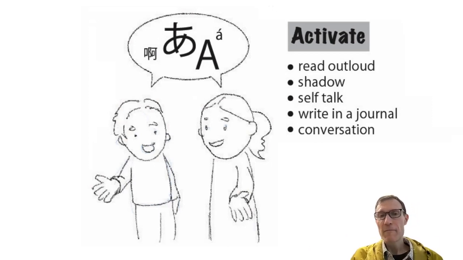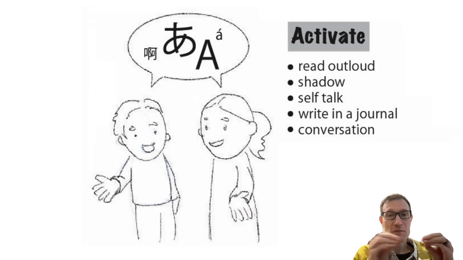Now, with shadowing, what I would suggest that you do is that you can adjust the speed of whatever it is that you're listening to. You should have a software, an application, or whatever it is that you're using that will allow you to adjust the speed. At first, it may be very difficult for you to keep up with the person speaking at a natural speed, at the actual speed. And so you might want to slow that down to 75% and then bring it up to 100%.